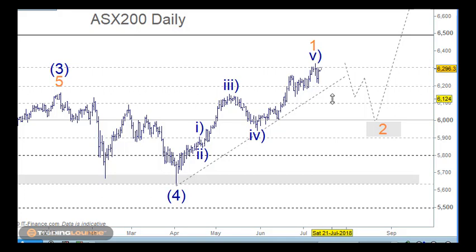Like I mentioned, we don't want to fight a strong trend, which this is, so we also need to be sensible and take the next logical step to any move or signal to the upside, and that logical step would be the 6,300 as a tested support.